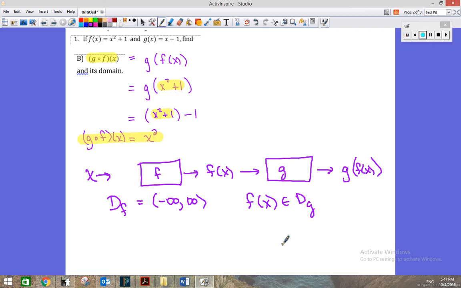So g of f of x, the domain for g composed with f: no restrictions, no problems through f, no restrictions, no problems through g, is all real numbers. So my two answers for B, the expression was x squared, and the domain for g composed with f is all real numbers.